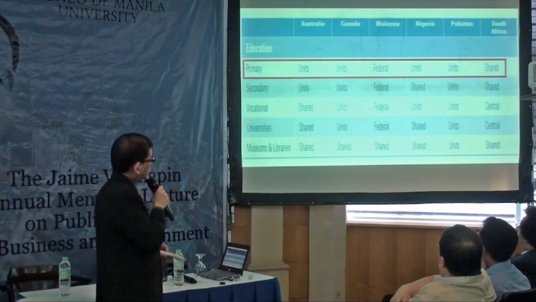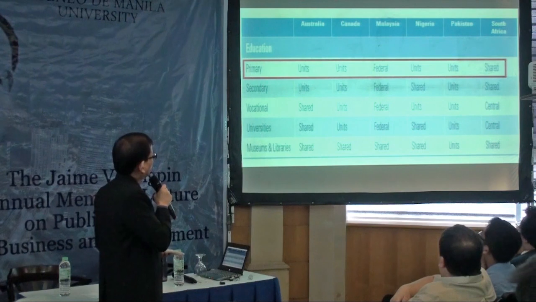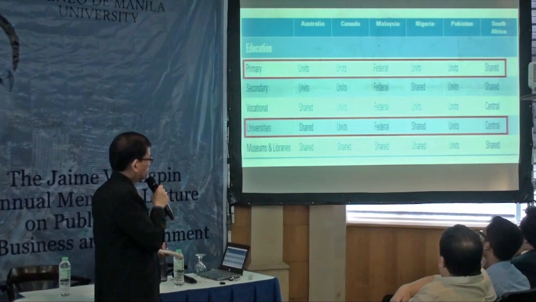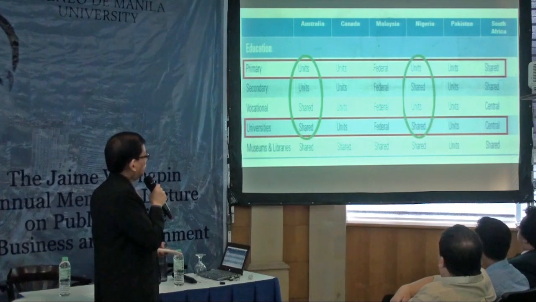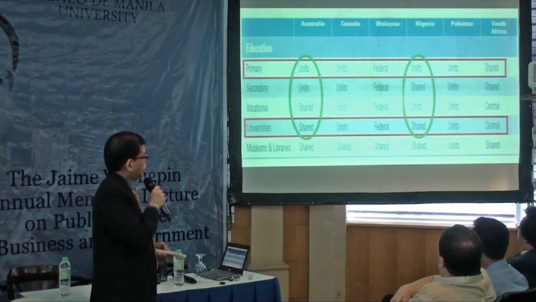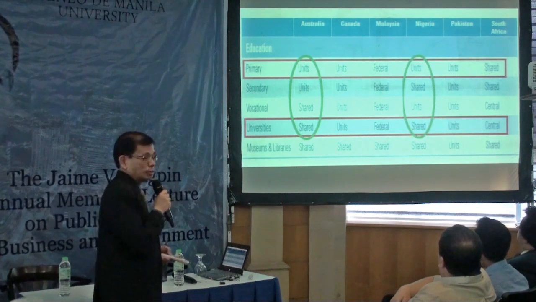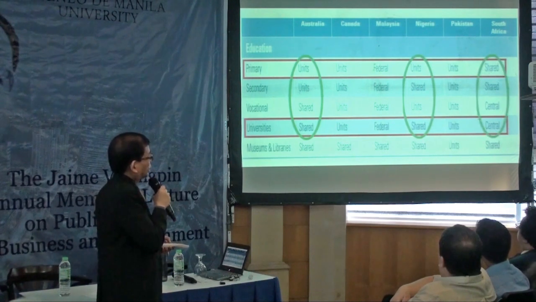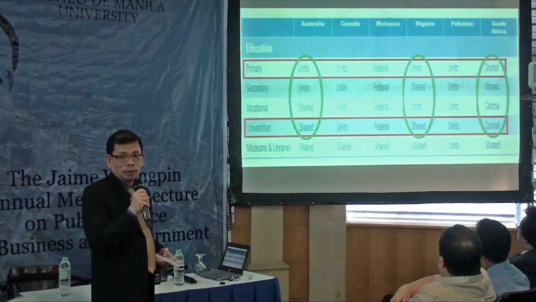One example also is primary education. With universities, you would see a shift. Australia and Nigeria, from units on primary, become shared on universities. And South Africa, from shared, becomes central.